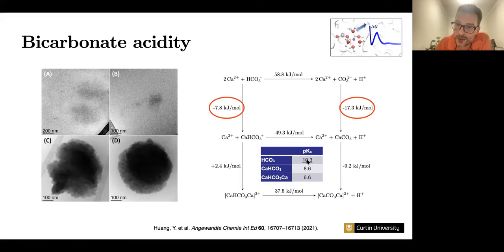So the pKa of bicarbonate goes from 10 to 8.6 when it is in an ion pair, and to around 6 when two calcium are bound to it. So this suggests that what they see in the experiments done at around pH 9 is that when calcium and bicarbonate come together, the bicarbonate very easily loses the proton, and so every precipitate will have mostly carbonate. So this was a very nice application of this simple ion pairing process in conjunction with the thermodynamic cycle and Hess's law, which is a fundamental law of thermodynamics.